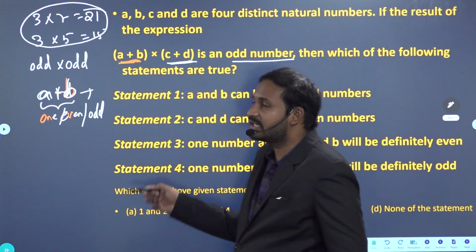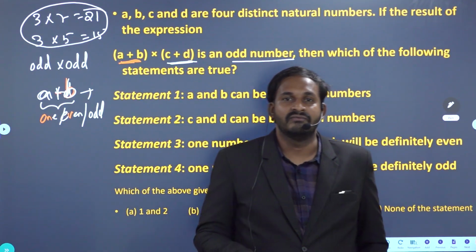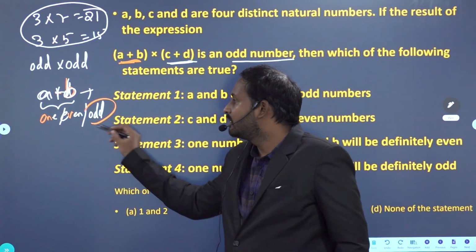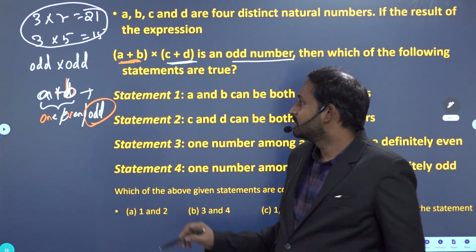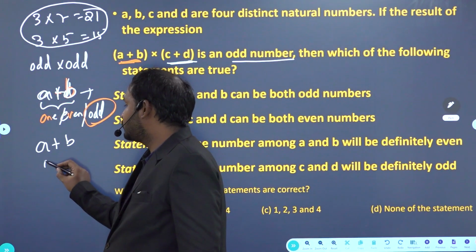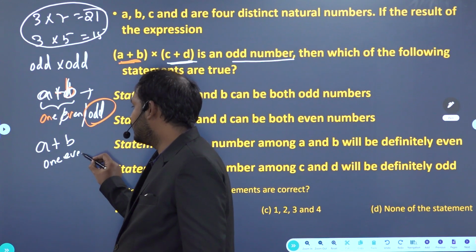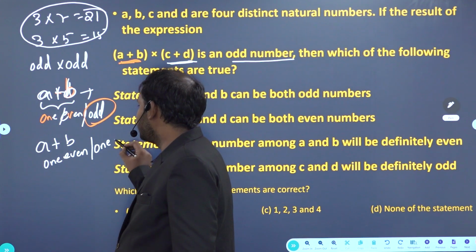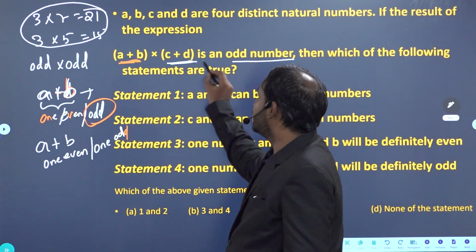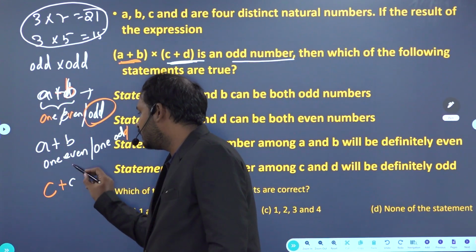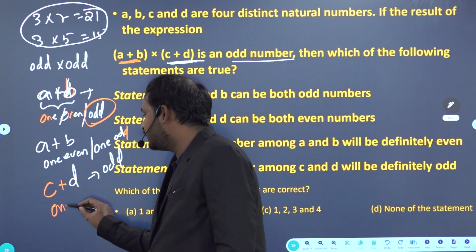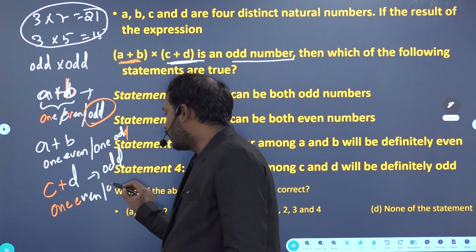But when one number is even and the other is odd, the sum will be odd. So in A plus B, one should be even and one should be odd. Either it may be A or B, it doesn't matter. Similarly, in the case of C and D, the same concept: one should be even and one should be odd.